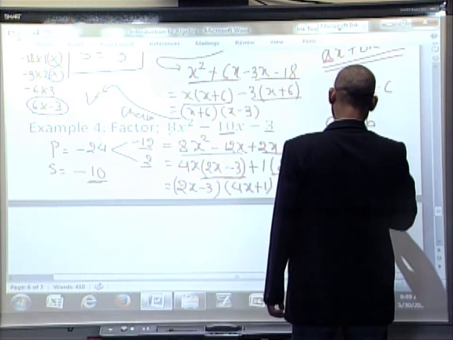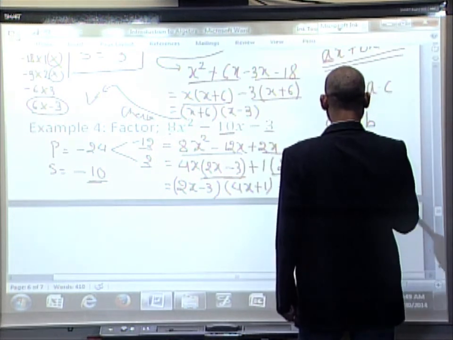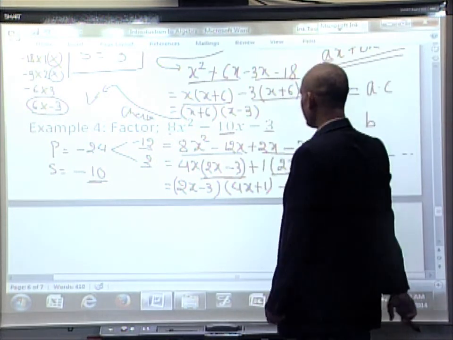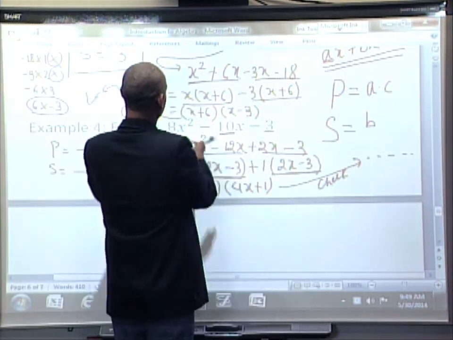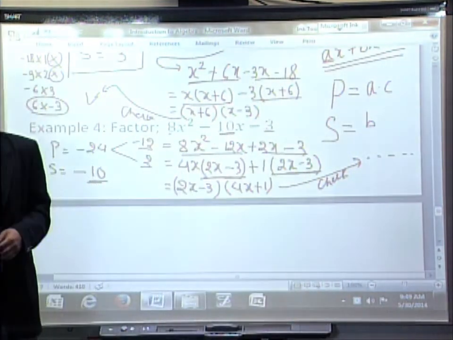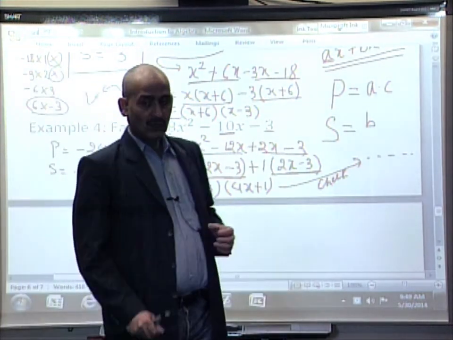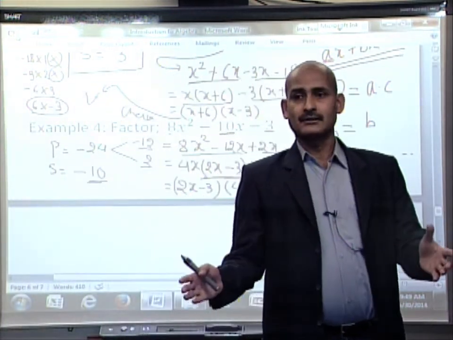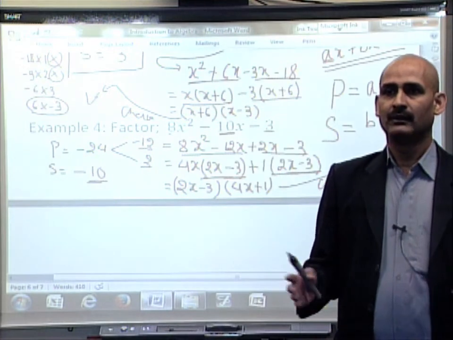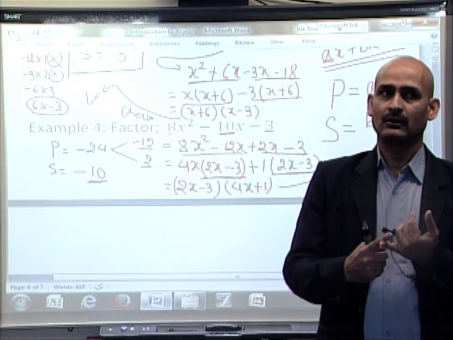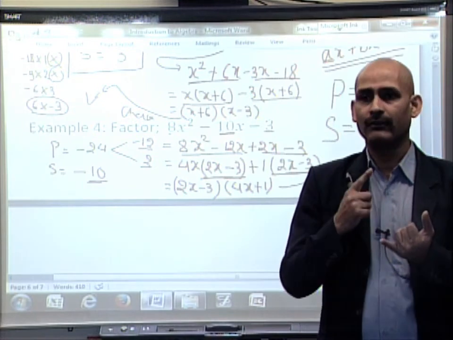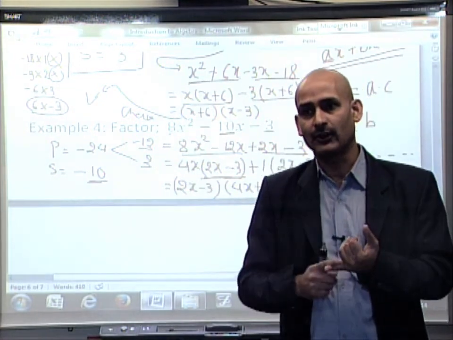You can still check it. Check means once the work is done, it is always better to check. I am leaving you guys to do the checking. If you multiply these two quantities, you should get the initial question back. So in order to factor a trinomial, you need to find the product of the coefficient of x square and the constant term.